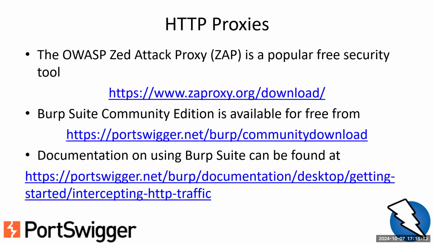It's just a program, or they have some proxies that are actually boxes that sit out there. But basically, as the browser sends things out across the net, instead of going directly to the internet, it goes to this program, which takes it, and then if you say forward or intercept off, it just sends it along this way. And as it comes back, it copies the information into a file, into its log, so you can look at it afterwards.